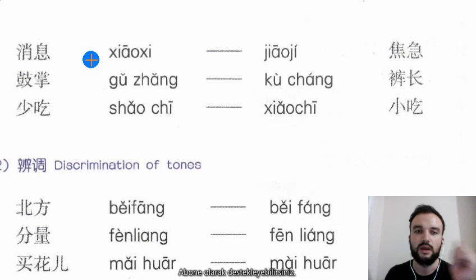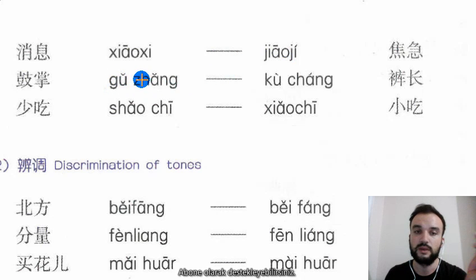Here, 消息, first tone, natural tone, we don't have a rule. 消息,消息,消息. Here, first tone and second tone, 脚机, 脚机.